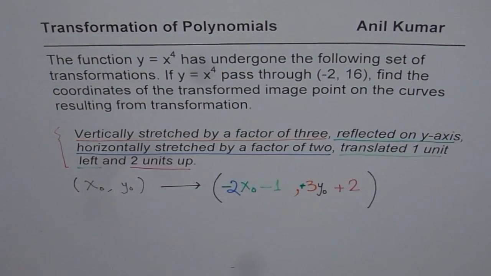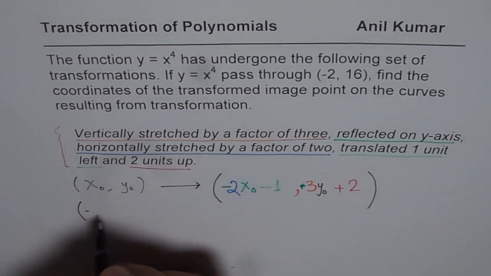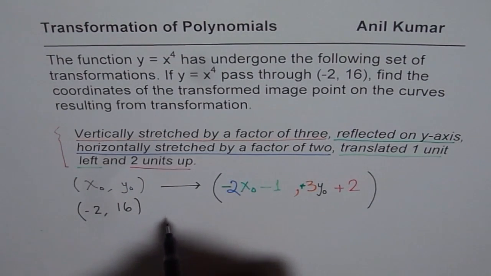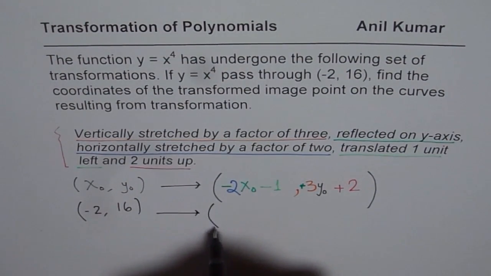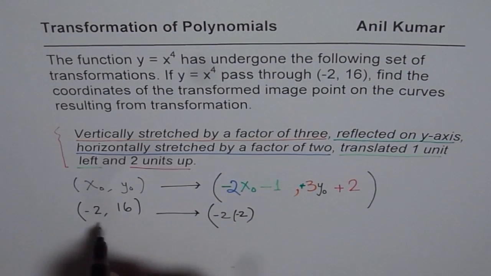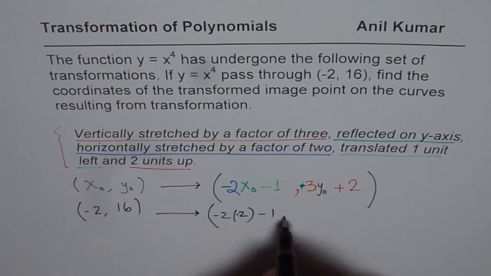So do you understand how each described transformation results in a change in the coordinate value? Now we'll apply this to the given coordinate point, which is (-2, 16), right? And calculate. So (-2, 16) will change to: minus 2 times x, where x is minus 2, minus 1, that's the x value.